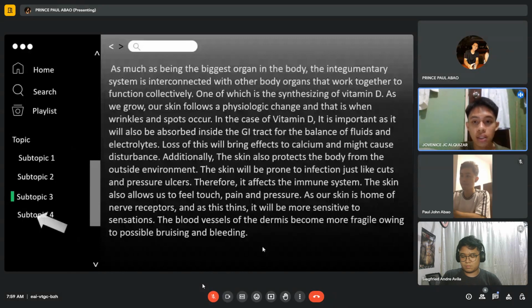Next is the immune system. The integumentary system also protects the body from the outside environment. The skin will be prone to infection, like cuts and pressure ulcers, therefore affecting the immune system, because the integumentary system is our body's outer layer.